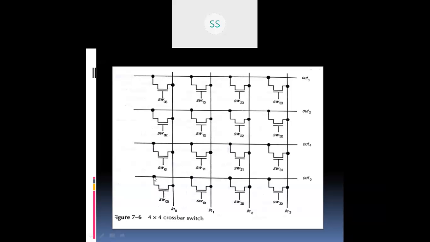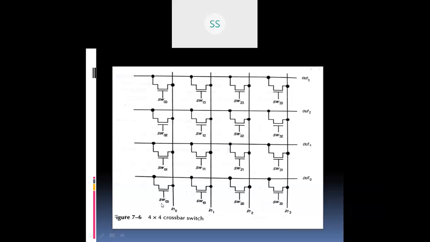You can see that one terminal is connected to an out line horizontally and another terminal is connected to an IN line, that is the input line, vertically. So the two terminals of the transistor take two lines, one input line and one output line, and there is one more terminal, the gate terminal. At the gate terminal we have the control signal.